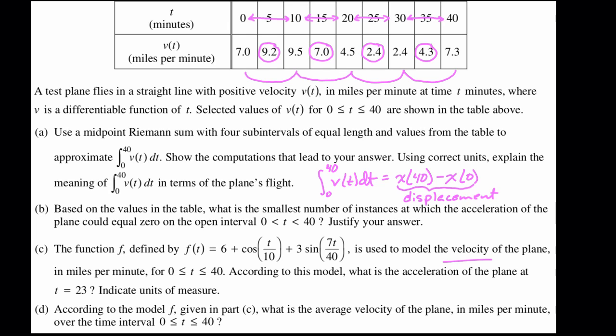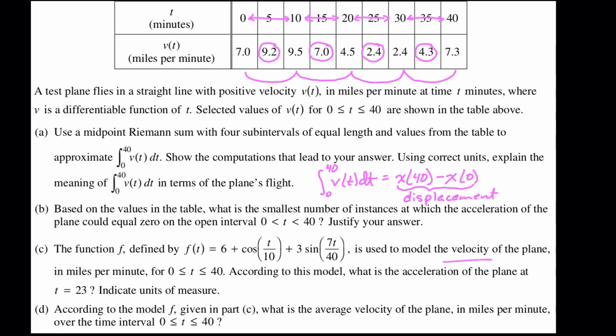And so all you gotta do is take the derivative and plug in 23. This is actually a calculator question, and there is a calculator function that allows you to calculate a derivative at a point. I'm not going to go through that right now, but you can ask your teacher about how to plug that into your calculator.